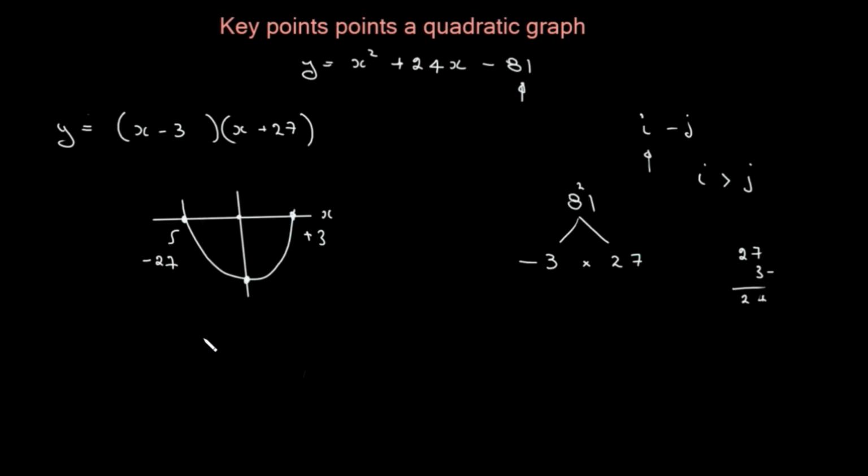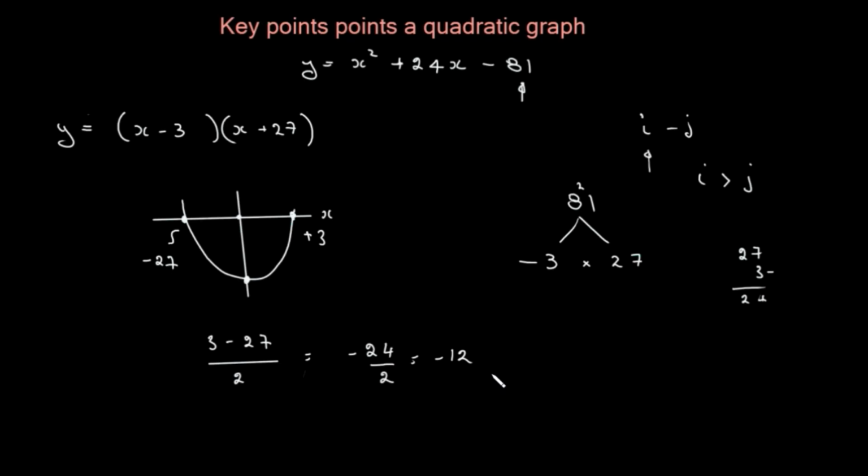So we would have 3 minus 27 over 2, which is equal to minus 24 over 2, which is equal to minus 12.